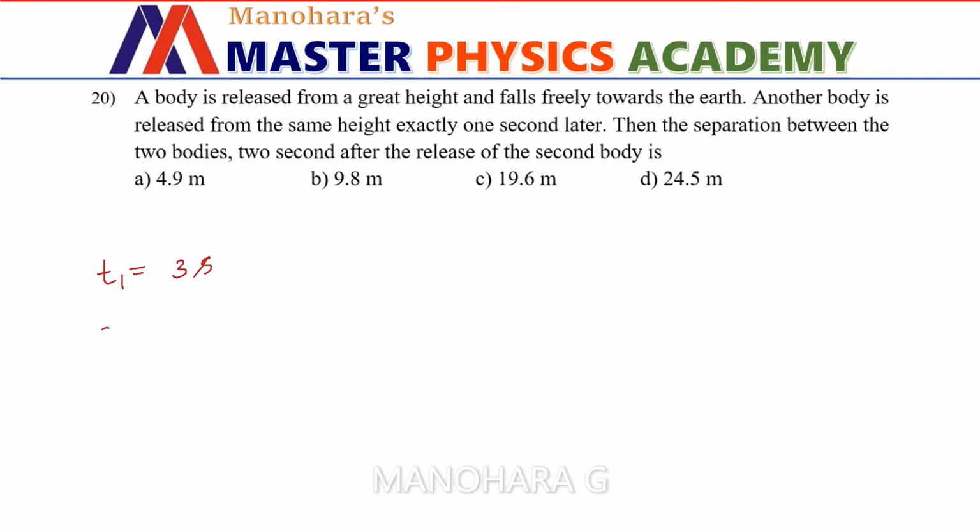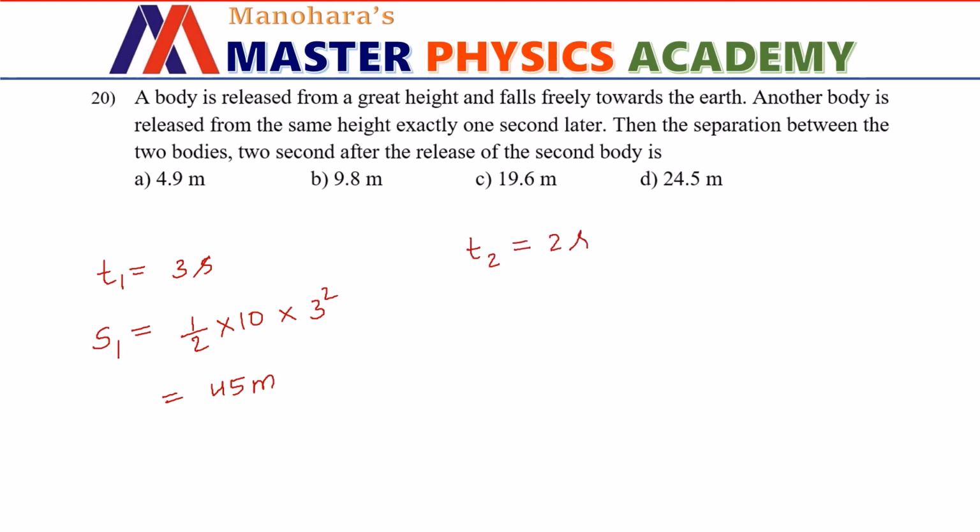Therefore, the displacement covered by the first body is half into 10 into 3 squared, which is equal to 45 meter. The time for which the second body is in motion is 2 seconds. Therefore, displacement covered by the second body is half into 10 into 2 squared, which is 20 meters.